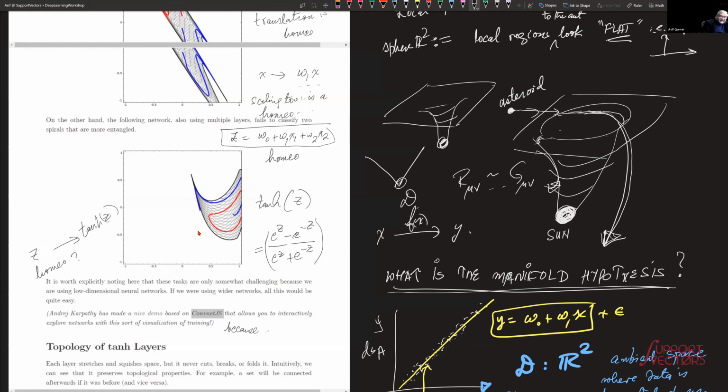Because I can differentiate tanh z with respect to z, it is a smooth function of z. So I can gradually deform z into tanh z, right?